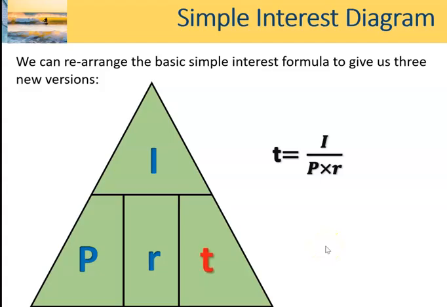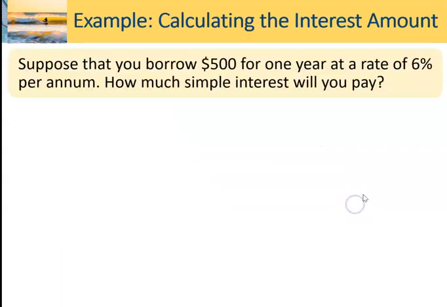What it's saying is you need to know at least 3 of the factors to be able to figure out what the fourth one is. So suppose you borrow $500 for 1 year at a rate of 6% per annum. How much simple interest will you pay?